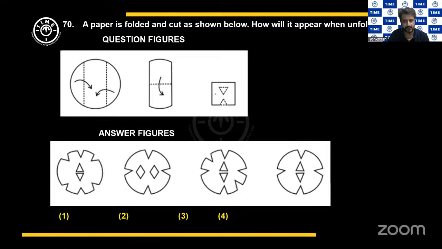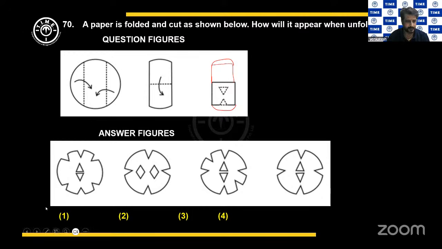So what I'm trying to say is, actually this is in the form of this shape. It is in the form of this shape, right? So these two parts are folded.